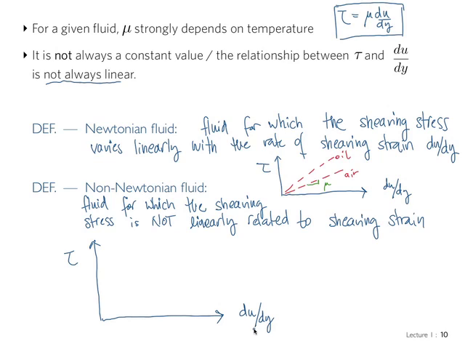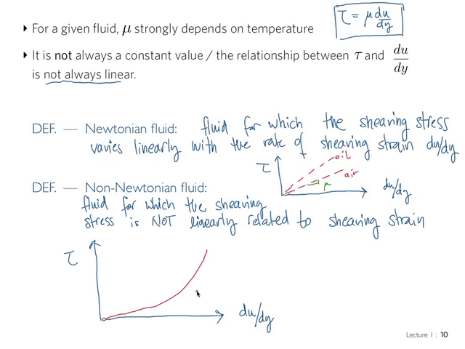We could see perhaps a line that indicates an increasing slope like this. And the increasing slope means that the viscosity is increasing, right?